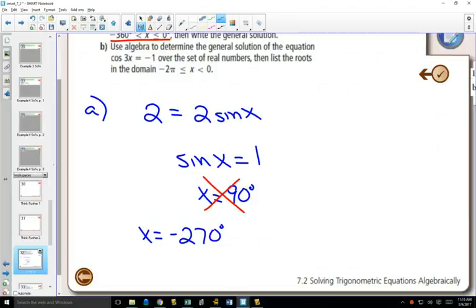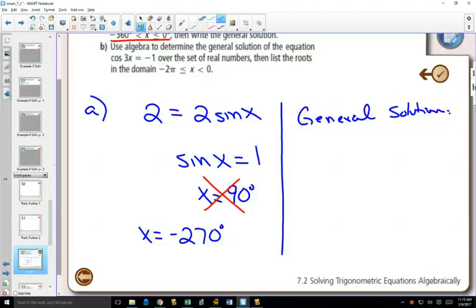So now that we've solved it between 0 and 2 pi, this question also said, also write the general solution. If we remember from our notes yesterday or the day before, for the general solution, you first solve it between 0 and 360 degrees or 0 and 2 pi, which we did and got 90 degrees.